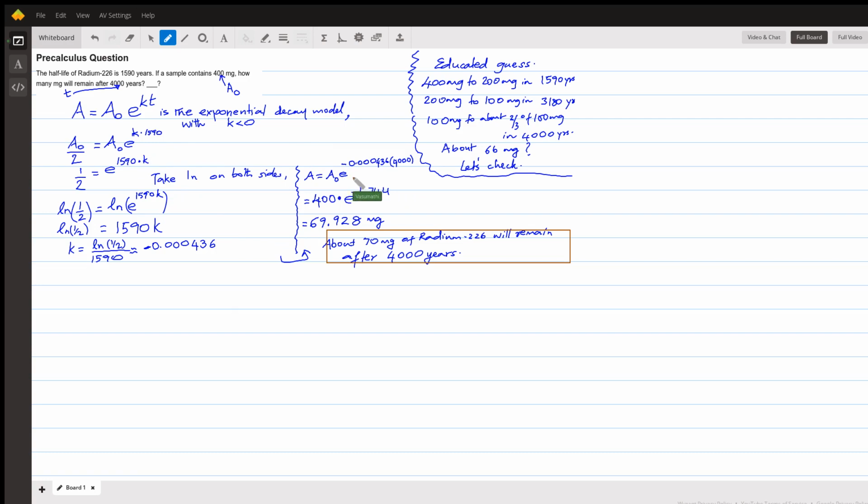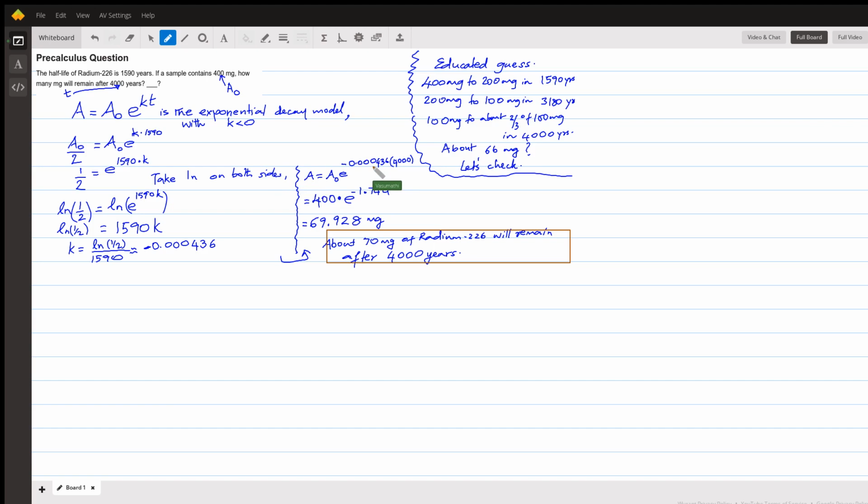So now we have a new equation that we can use to find after any number of years what will be the remaining quantity of radium-226.